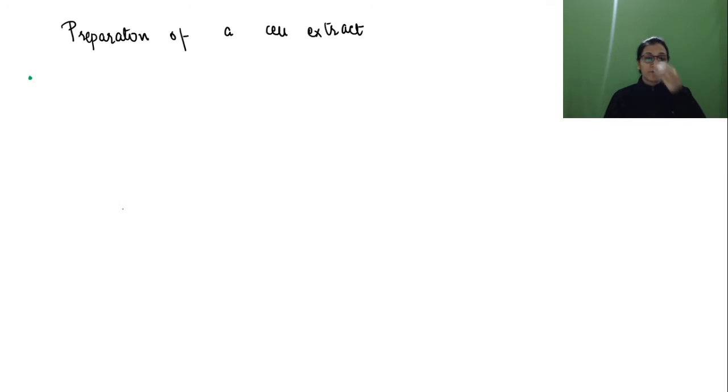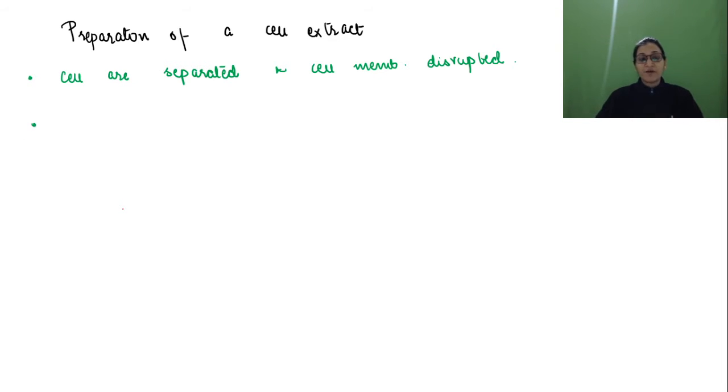So first of all, we'll write cells to be separated and cell membrane disrupted. After that, extraction buffer helps in carrying out these processes. So extraction buffer will help in separation and disruption of cell membrane.